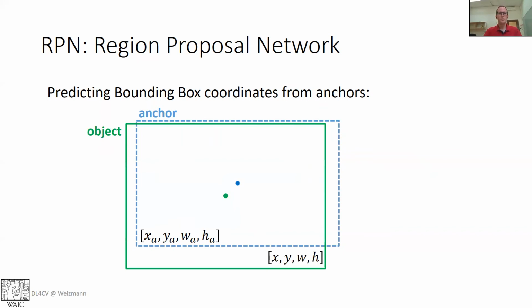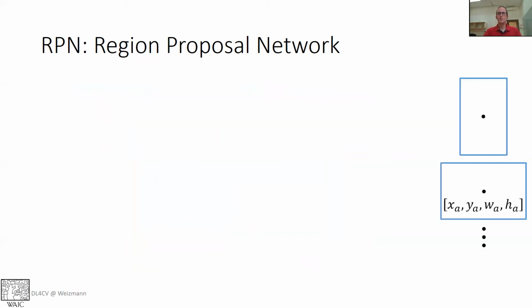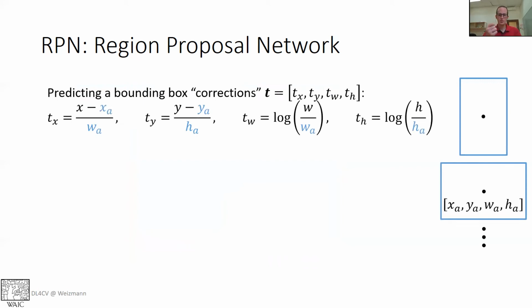And if we have a ground truth object, then we have its position and its size. And we want to fit the anchor to the bounding box of the object in the image. So what we need to predict is basically a correction from the coordinates of the anchor to the true x, y, w, h of the true object in the image.